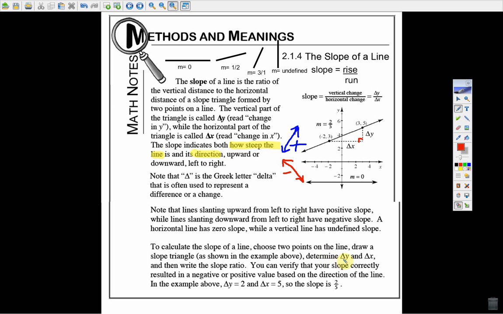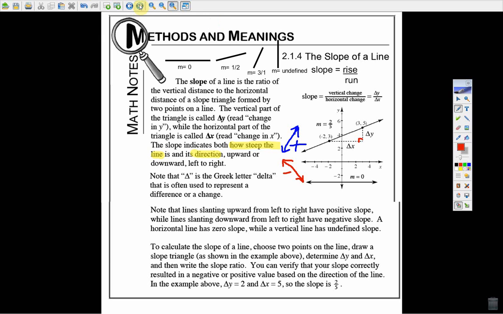And then determine the change in y and the change in x, so the delta y and delta x. And then write your slope ratio. You can verify that your slope correctly resulted in a negative or positive value based on the direction of the line. For example, here, delta y is equal to 2, delta x is equal to 5, so this is 2/5. All right?